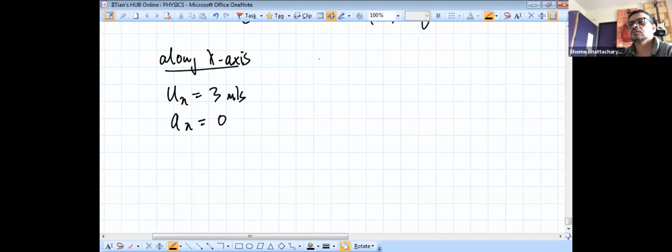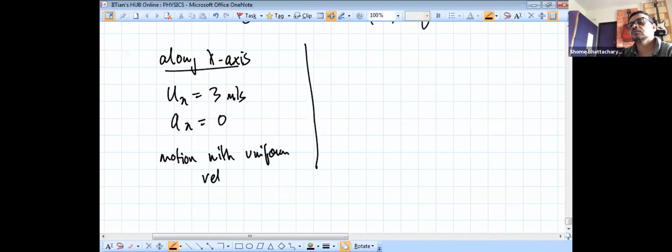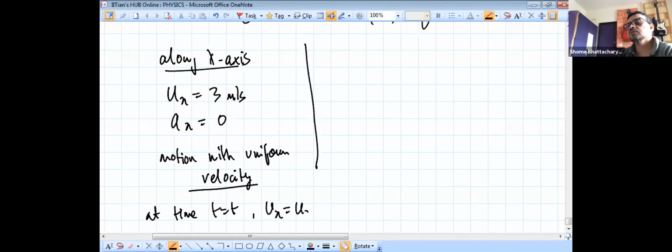Okay. So what kind of motion is it? It is motion with uniform velocity along the x-axis. Okay. So at some time t, the velocity will be equal to ux only, it will not be changing. So the velocity's x component will be 3 meters per second.